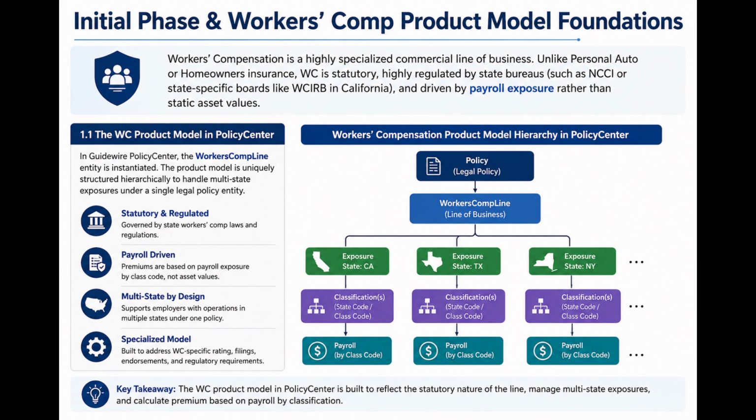The true differentiator for the workers' comp life cycle occurs upon expiration, which triggers a mandatory final audit job instead of a basic close. Because initial premiums are based on estimates, PolicyCenter automatically instantiates an audit workflow to reconcile historical exposure.